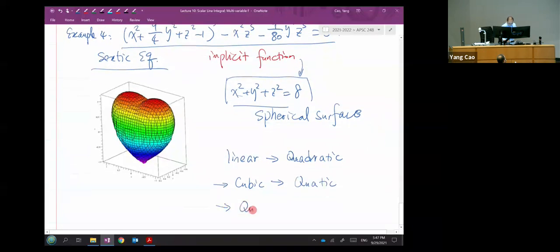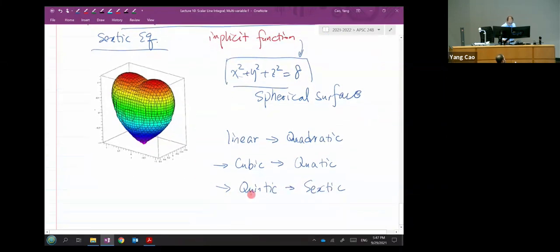Then 5 is a quintic, 6 is what we have so far, and 8 is a septic, as you go on and on. So that's how you can name this type of equation.